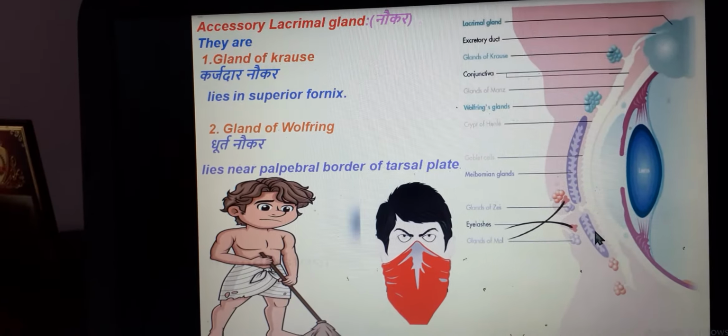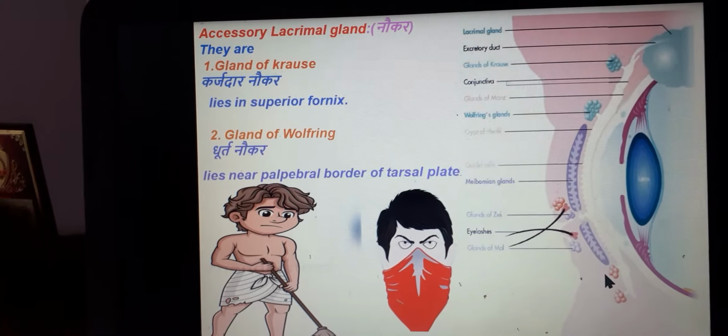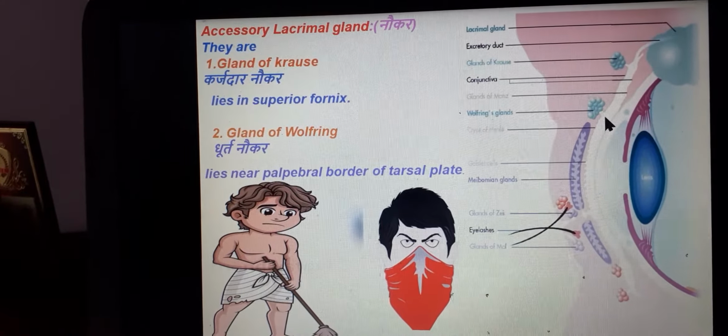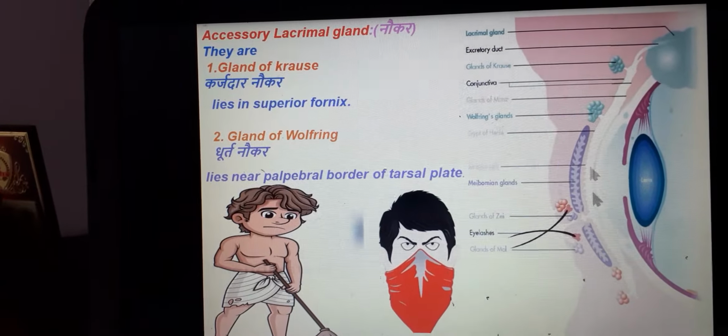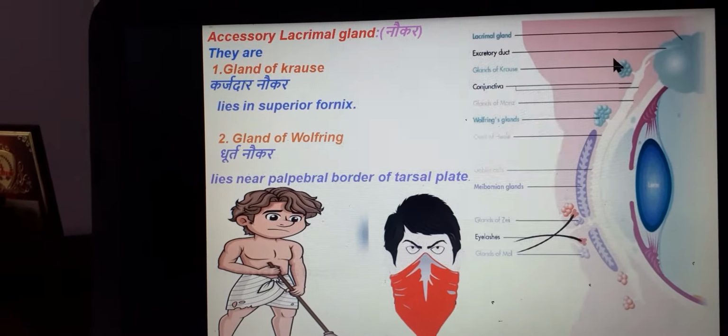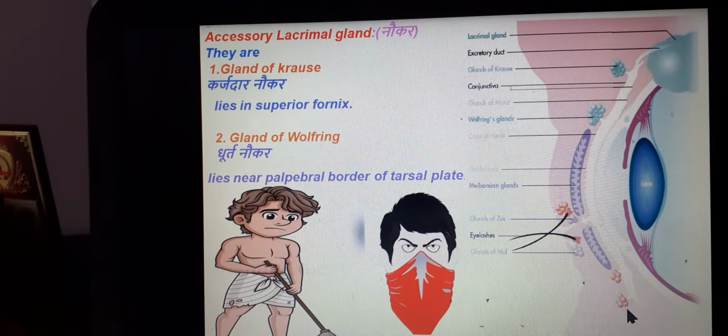Wolfring lies in the palpebral border of the tarsal plate, and Krause is in the superior fornix as well as in the inferior fornix. This is gland of Krause.